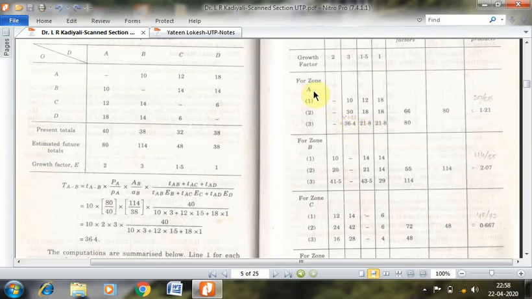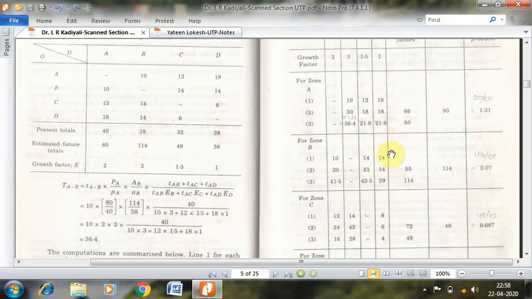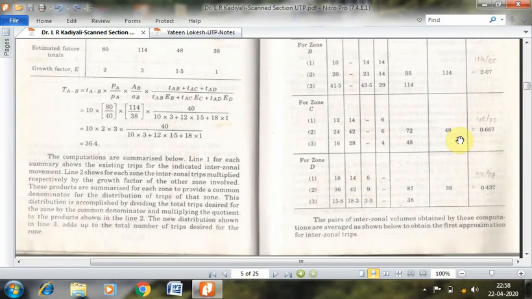Similarly, for capital TAC, all these elements will again change, and once you do the calculation, you will get capital TAC as 21.8. Similarly, capital TAD you will get as 21.8.